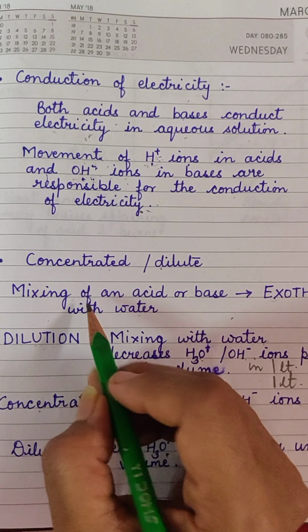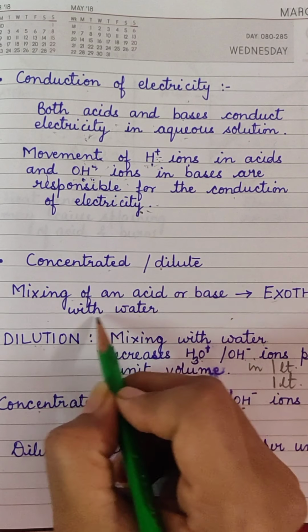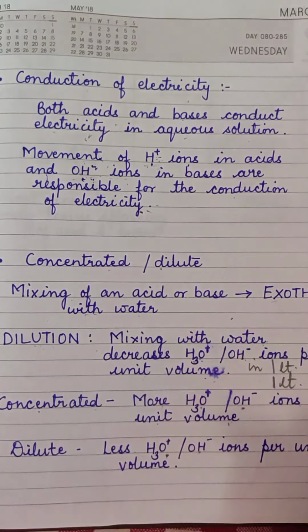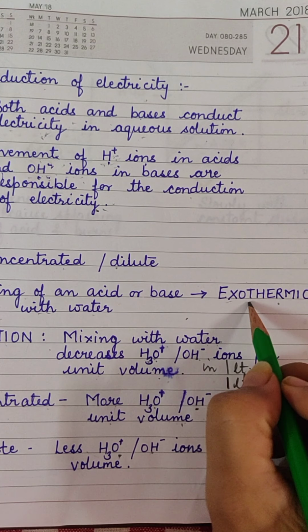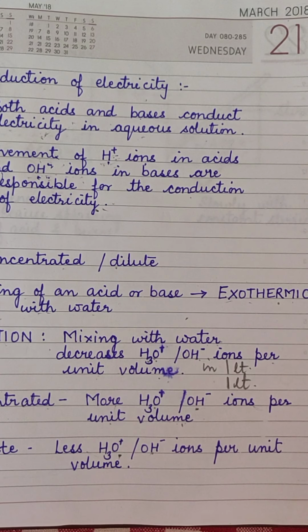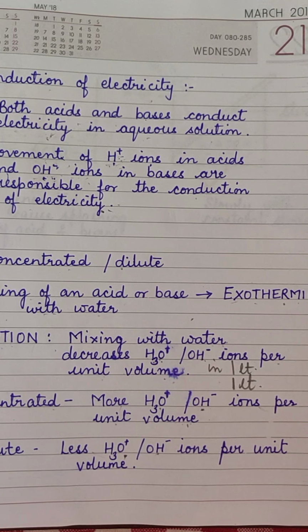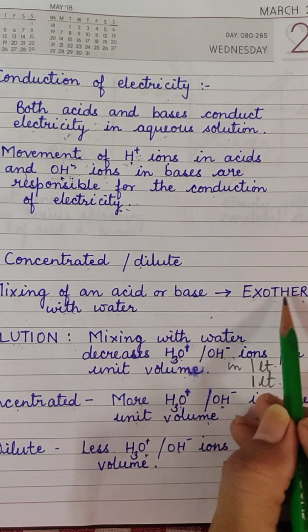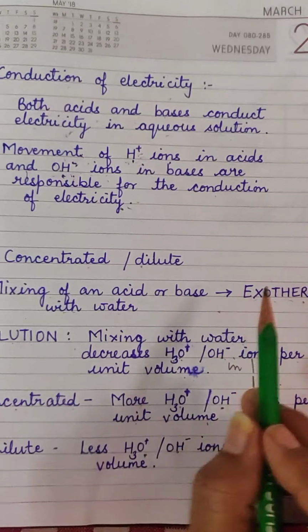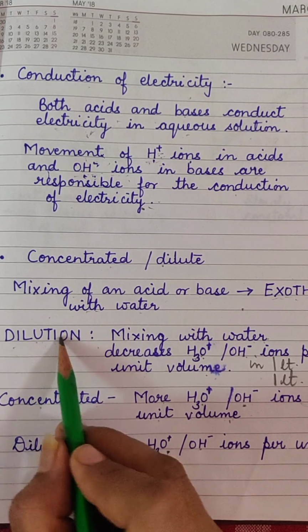When acids and bases are mixed with water, the reaction is highly exothermic, meaning a lot of heat is liberated. This mixing of acids and bases with water is called dilution.